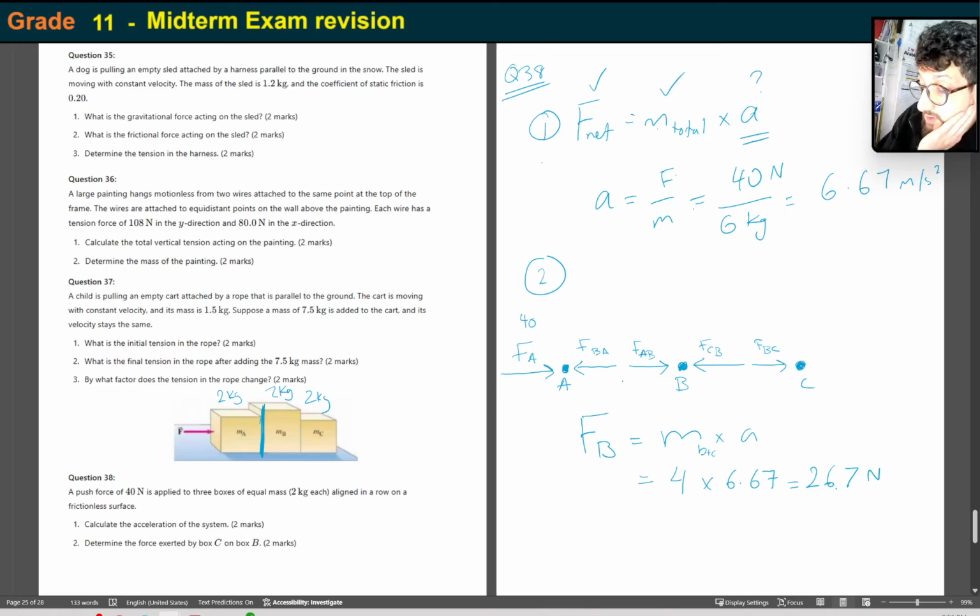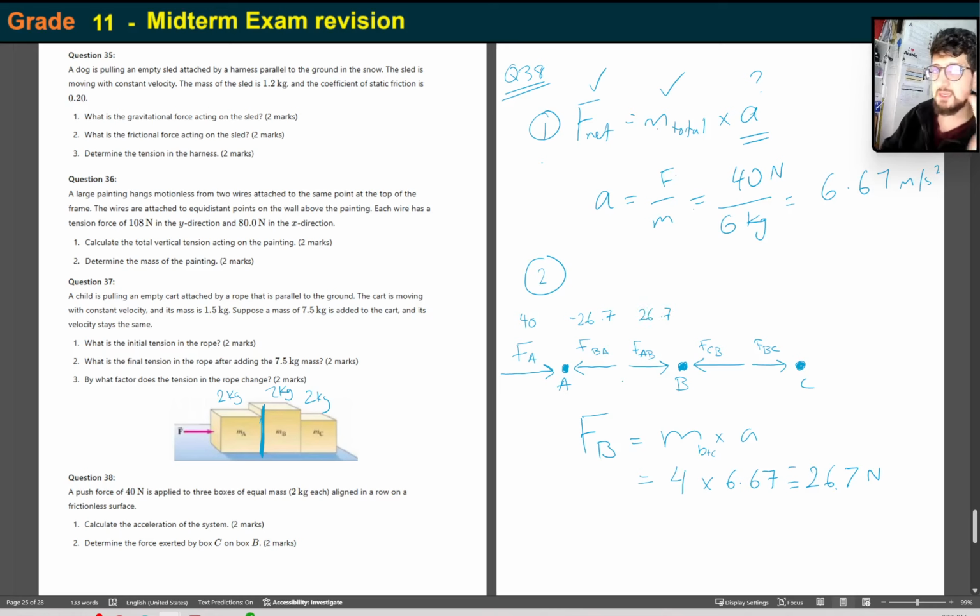But what I'm going to do is say minus 26.7, because it's in the opposite direction. If you want to be pedantic, you could have made the acceleration negative 6.67 for that portion, but it's just in the opposite direction, so make it negative. So that's negative 26.7. This is 26.7 because they're equal and opposite.